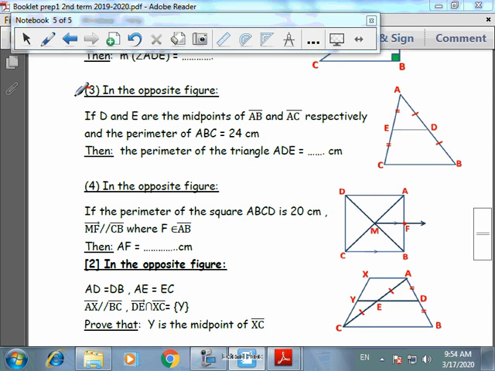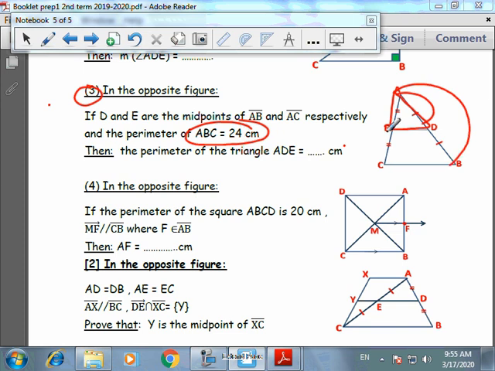Next one. If D and E are midpoints of AB and AC respectively, the perimeter of triangle ABC, the big triangle, is 24 centimeters. What's the perimeter of the smaller triangle ADE? Let's look at AD. AD is half of AB because D is the midpoint of AB.